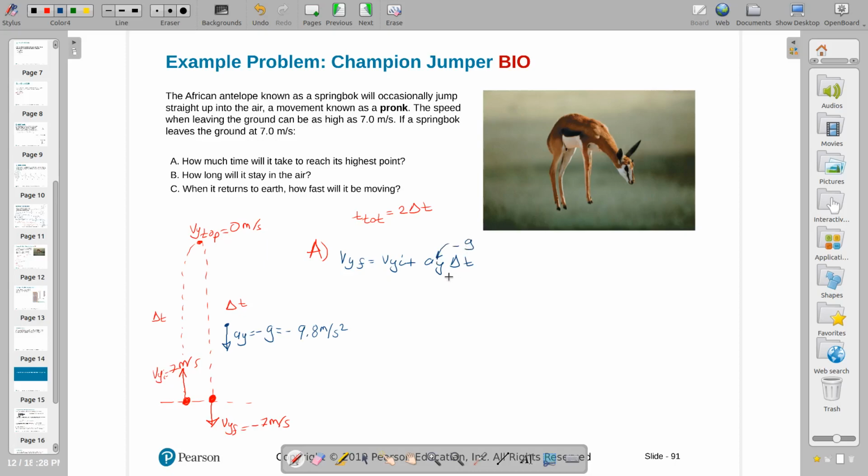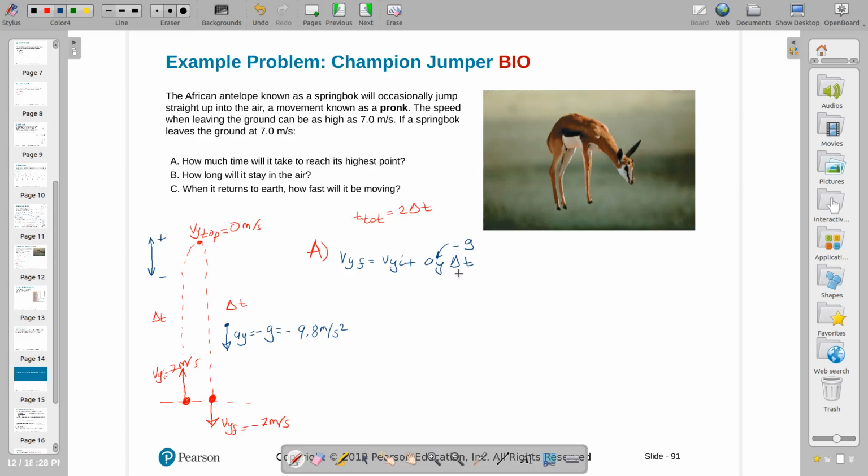That is the only difference. And I'm going to solve for delta t. Vy initial is 7, positive. Remember, along the vertical y direction, up is positive, down is negative. We will calculate delta t using this information.